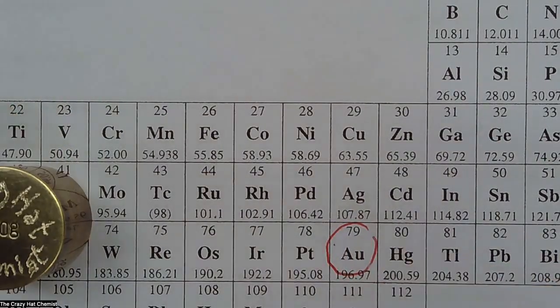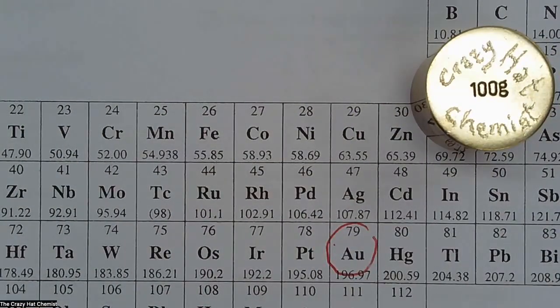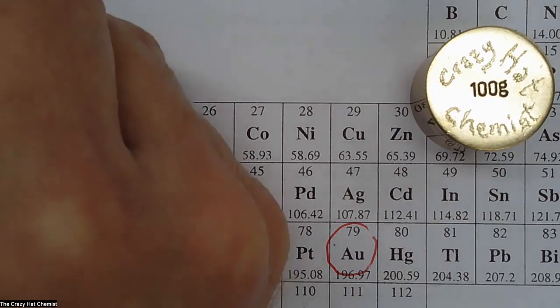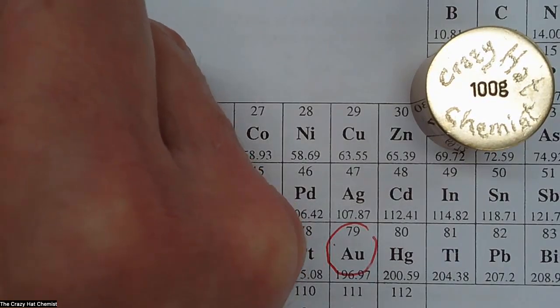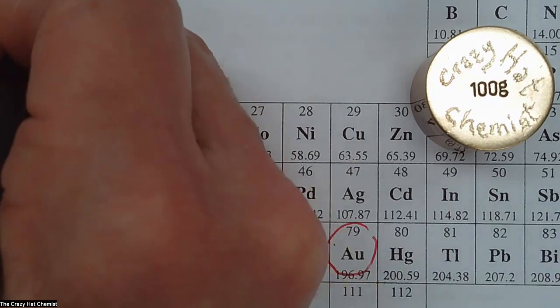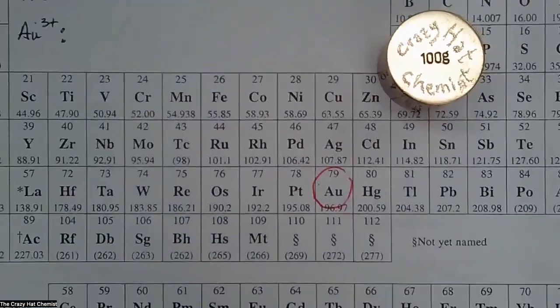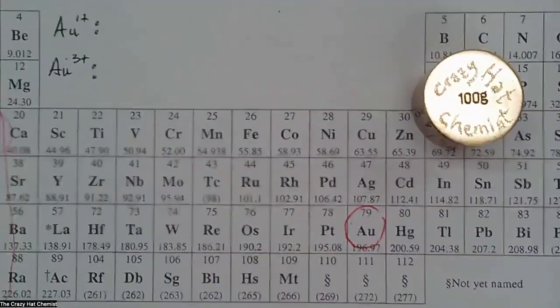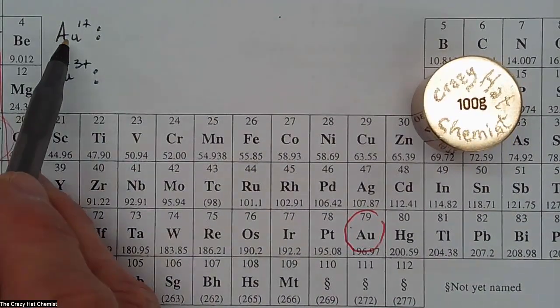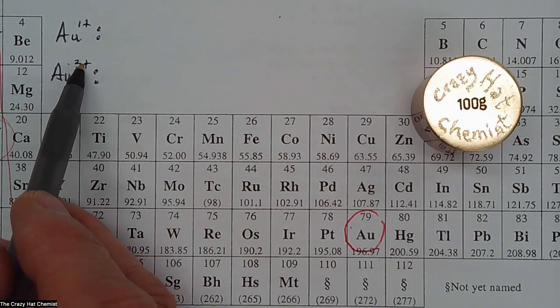Really what we need to be doing is writing out the electron configuration for gold, and the gold 1 plus and the gold 3 plus ions. Let me zoom out just a little bit so that you can see what I wrote down. There we go. Gold Aurous 1 plus, gold Auric 3 plus ion.